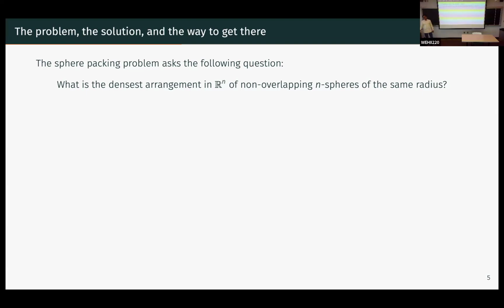I don't think anyone knows what the densest one is in R4, but I think you can show that it's possible to improve any stacking of the optimal one. There's more than one optimal three-dimensional one. They locally look the same, but globally they are different. And I think you can show that if you stack these, you don't get something optimal, that it can be improved.